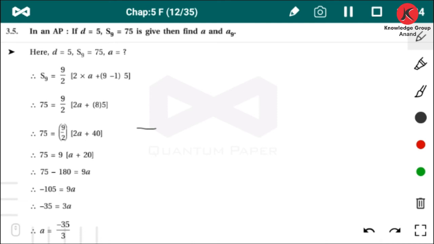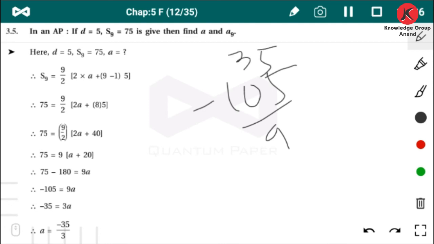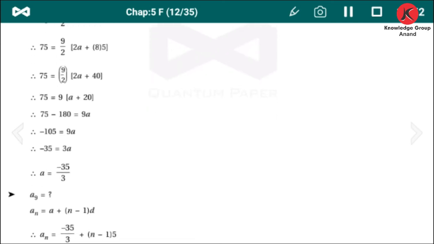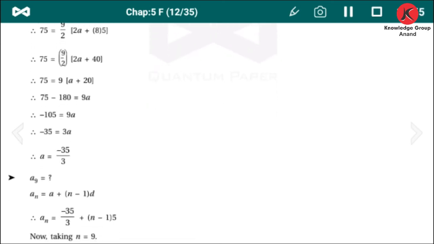How do we get minus 105 divided by 9? Here we use the table of 3: 35 threes are 105. Then the answer is minus 35 by 3. A is equal to minus 35 by 3.